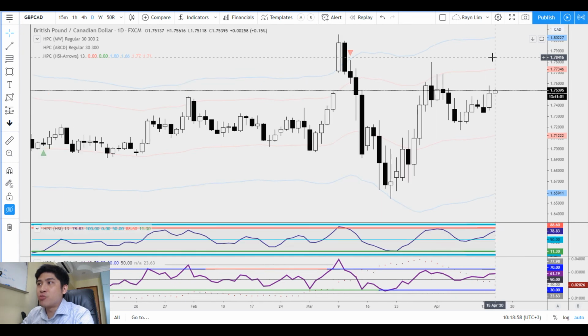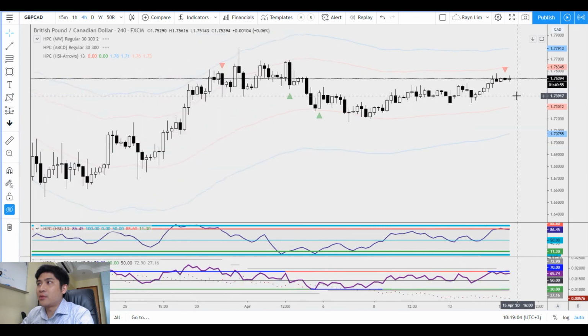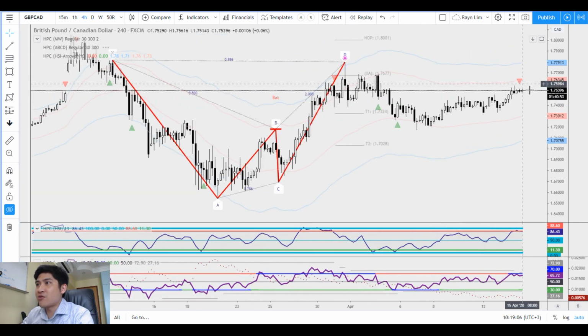Right now we are looking in our toolbox to see if there's anything that the software picked up. On the 4 hour chart, definitely there is this arrow over here, a bearish Bat pattern that somehow we didn't pick up, because for the B and C point my rule is that they need to be 3 candles away.